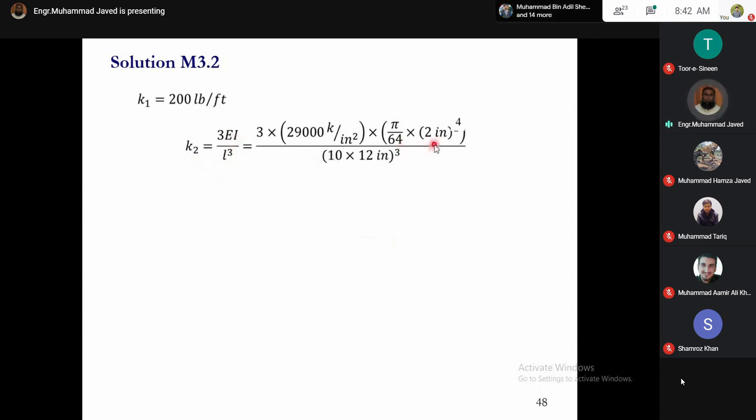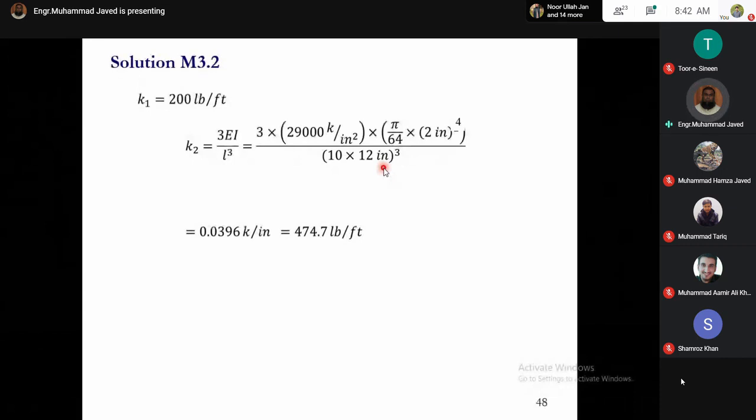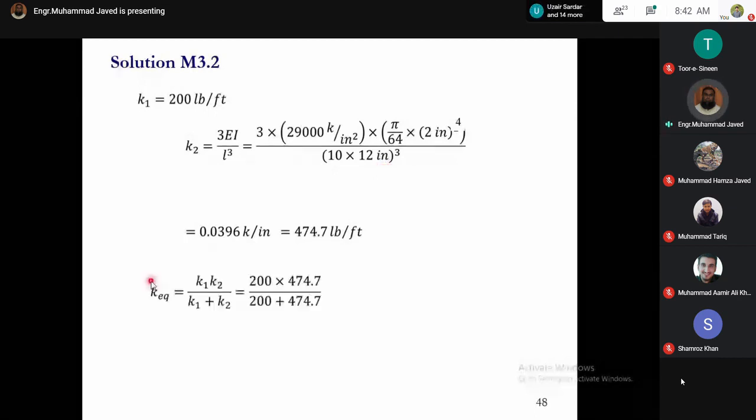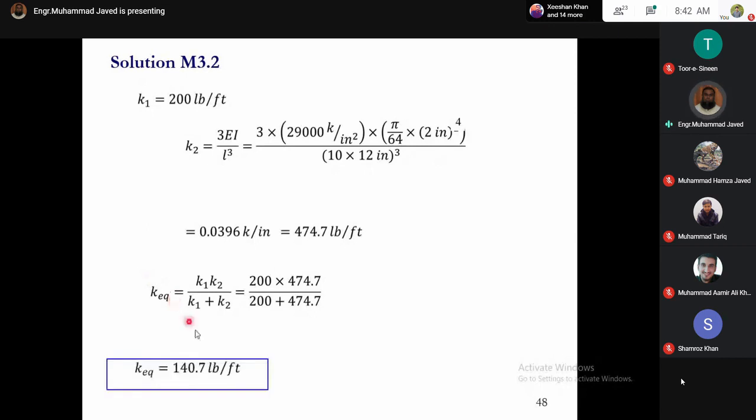So the moment of inertia will be pi by 64 into D to the power 4. The length is 10 feet or 120 inch. So once we find the stiffness of beam, the stiffness of connected spring is already given. And just use this equation to find the stiffness of equivalent system, which in this case is 140.7 pound per foot. Any question?